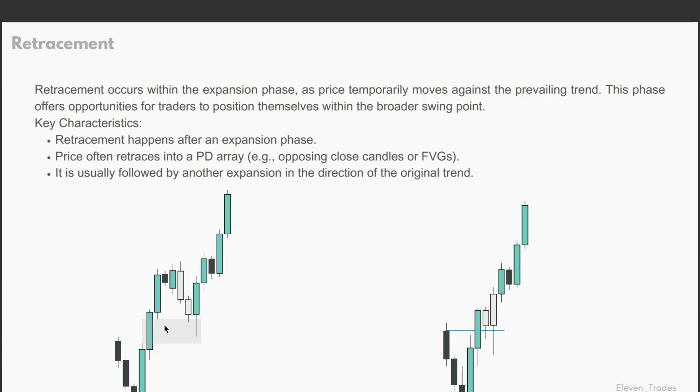Then we tapped into this fair value gap followed by another expansion. So the retracement is temporarily that move against the trend. The key characteristics: retracement happens after an expansion, expansion, retracement, expansion. And the PD arrays we will be using are the fair value gaps and the order blocks.